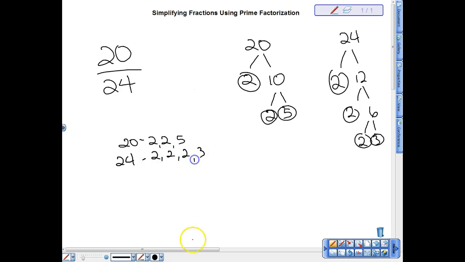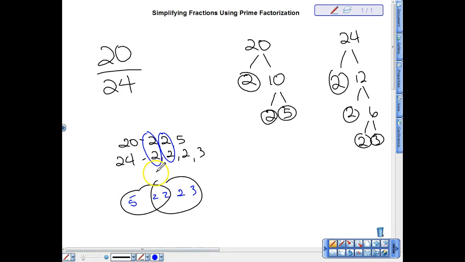All right. Now, in order to figure out our greatest common factor, I'm going to take the numbers they have in common, one set of 2 and another set of 2, write those in the middle, and then I have some numbers left over. My GCF is the product of the numbers in the middle, so my greatest common factor is 4.